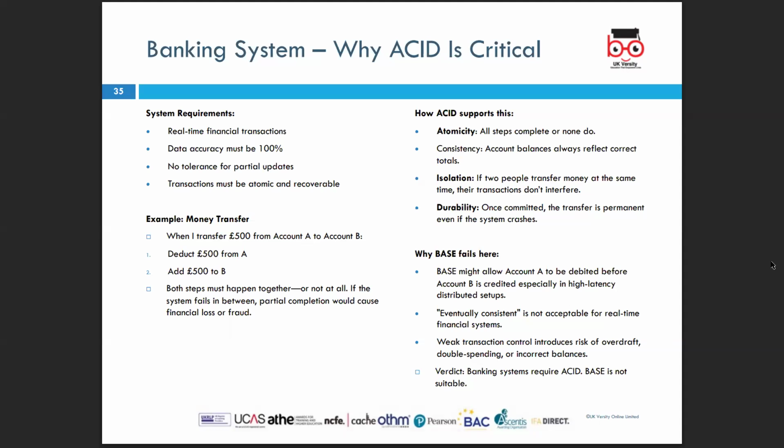Eventual consistency is not acceptable for a real-time financial system with transaction control, as it introduces the risk of overdraft, double spending or incorrect balance. And then we have the verdict: banking systems require ACID and BASE is not suitable.